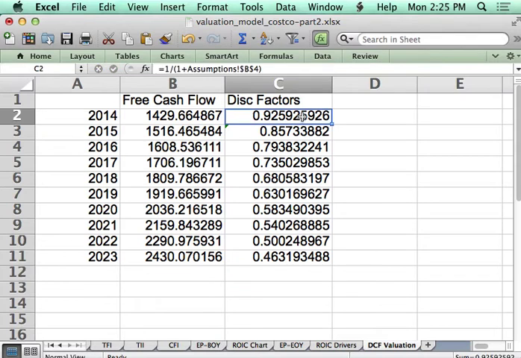Okay, so squared, 3, 4, 5, 6, 7, 8, 9, 10.